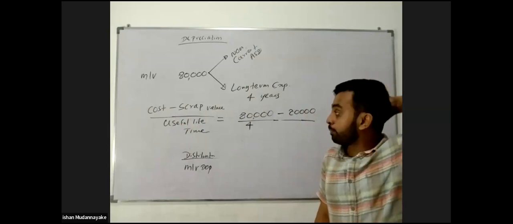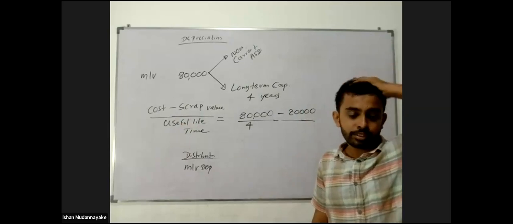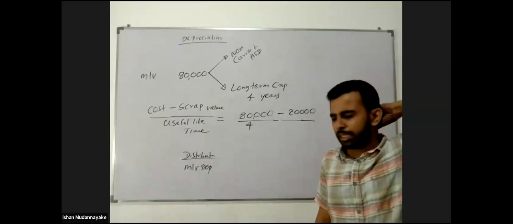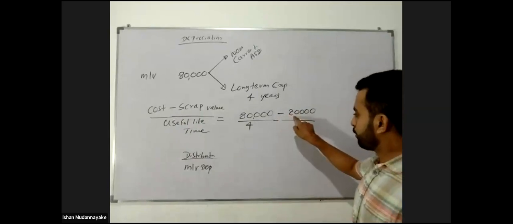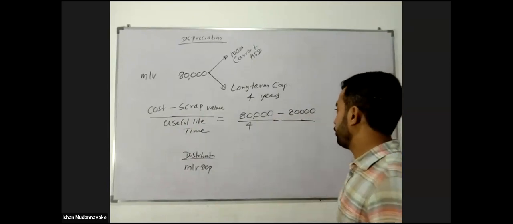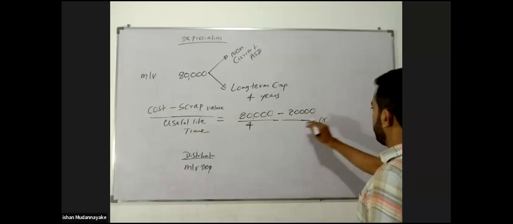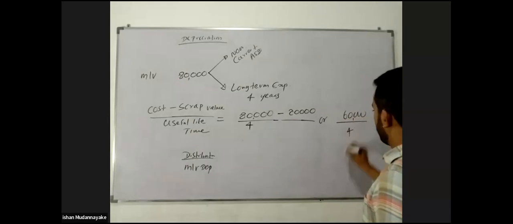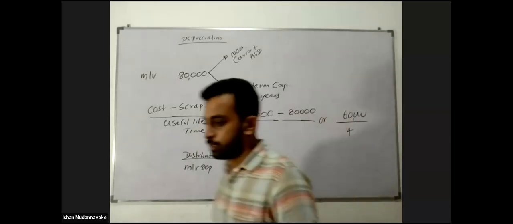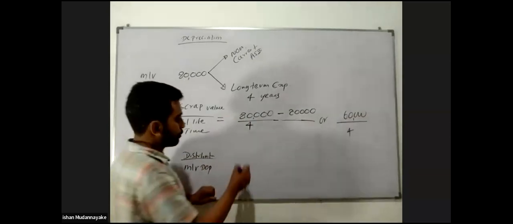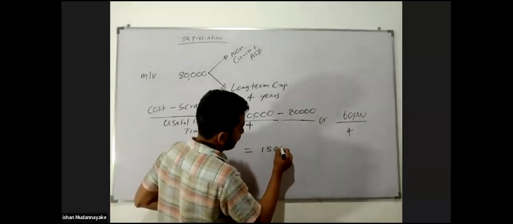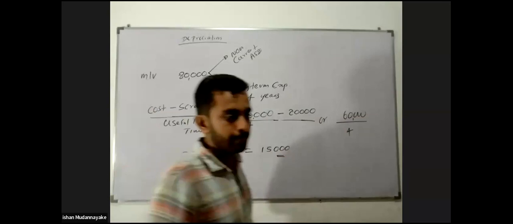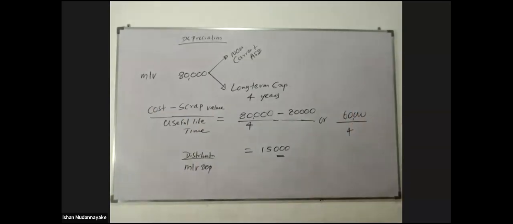Here 80,000 minus 20,000 is 60,000. 60,000 divided by 4, how much? 15,000. Annual depreciation is 15,000.